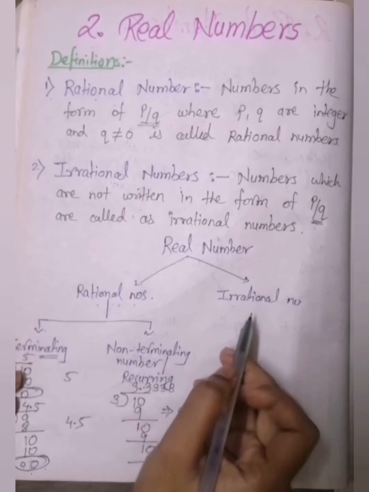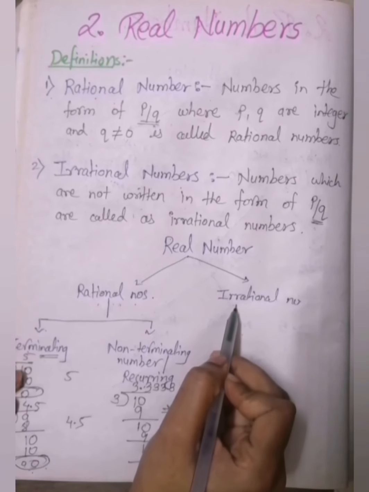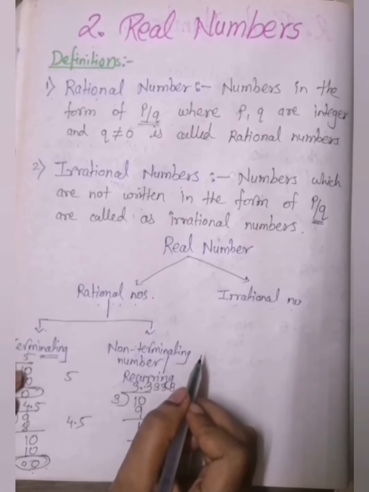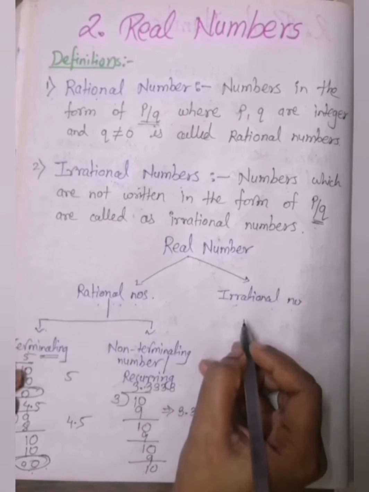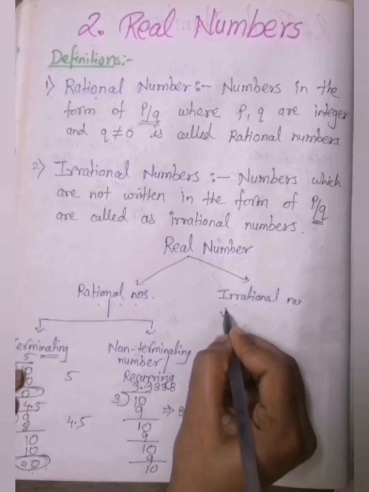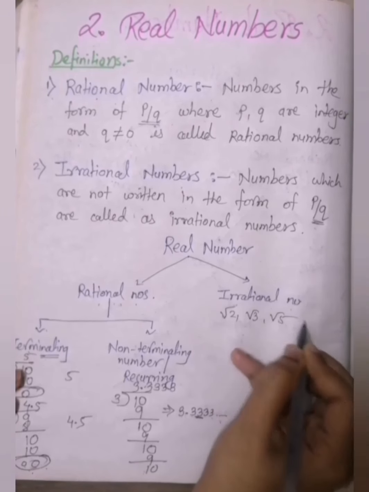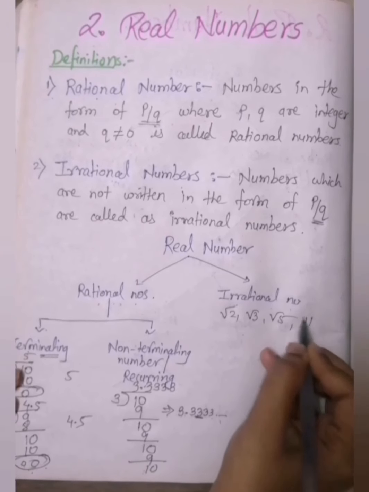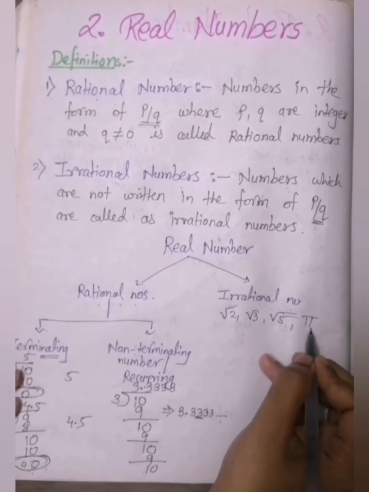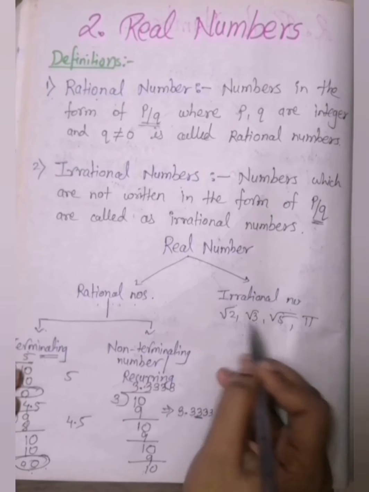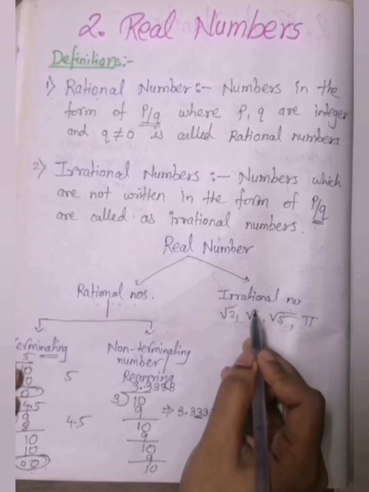Now students, come to the next form, the irrational number. What is an irrational number? An irrational number is in the form of a square root, like root 2, root 3, root 5, and pi. This is the notation of pi that you know about. So root 2, root 3, root 5 are in the form of irrational numbers.